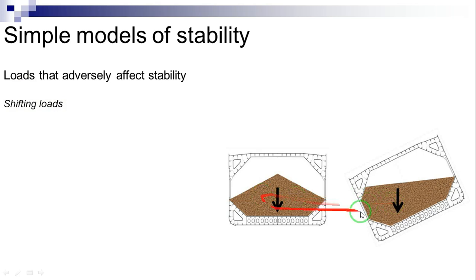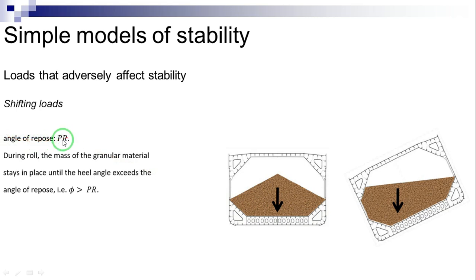The sides of a mass of granular materials like those cited above are inclined. The angle between the side and the horizontal is called angle of repose, and it is an important characteristic of the material. The angle of repose of most grain loads ranges between 20 degrees and 22 degrees, but for barley it reaches 46 degrees. Let the angle of repose be PR.